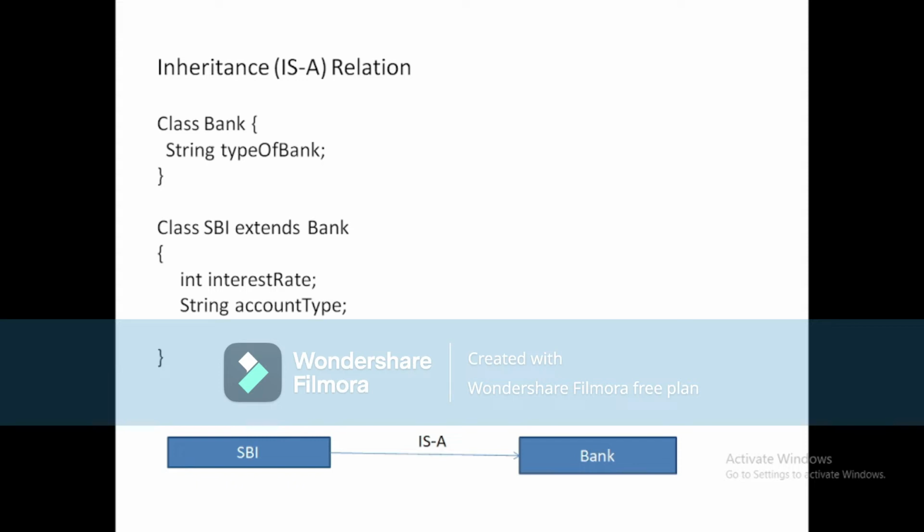But if I try to say bank is an SBI, that is not possible. If I say bank is an ICICI, bank is an SBI, that is not correct. So the relationship between SBI and bank is an is-a kind of relation.